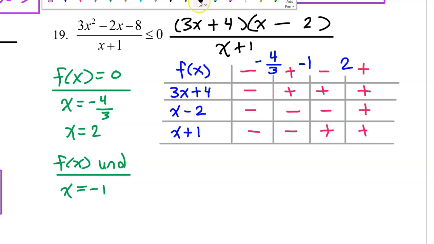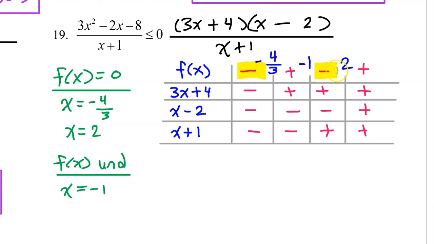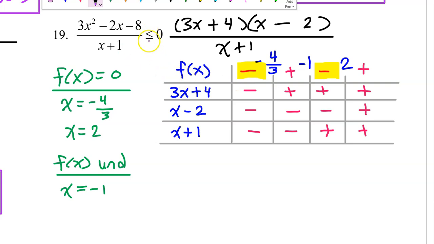We are looking for where f of x is less than or equal to 0. So the solutions will be in the intervals where f of x is negative. Because we want the values that will cause f of x to be less than or equal to 0, we should include these two values where f of x is equal to 0.